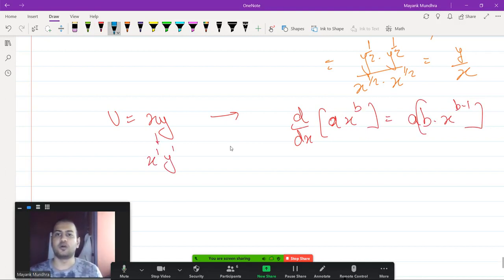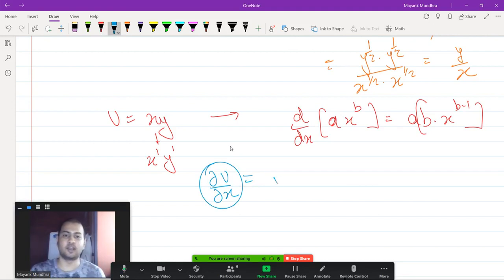Now del u by del x will be, when you are differentiating with respect to x, keep y constant. So y multiplied by x to power 1. So x to power b becomes b x to power b minus 1. So 1 into x to power 1 minus 1. So that is y into x to power 0.